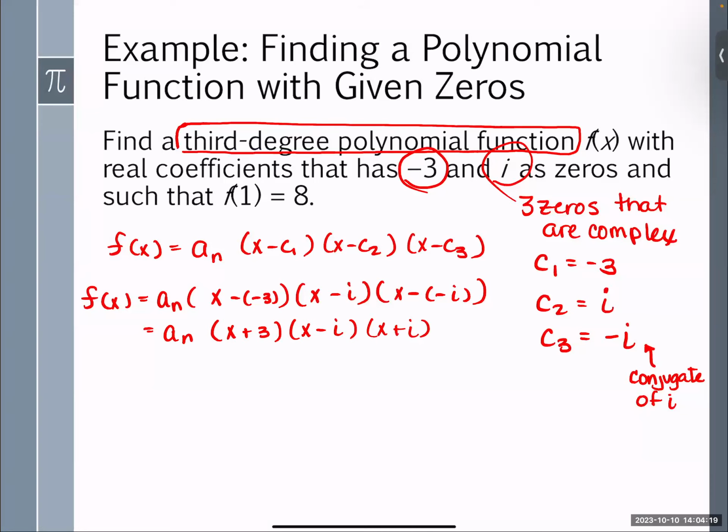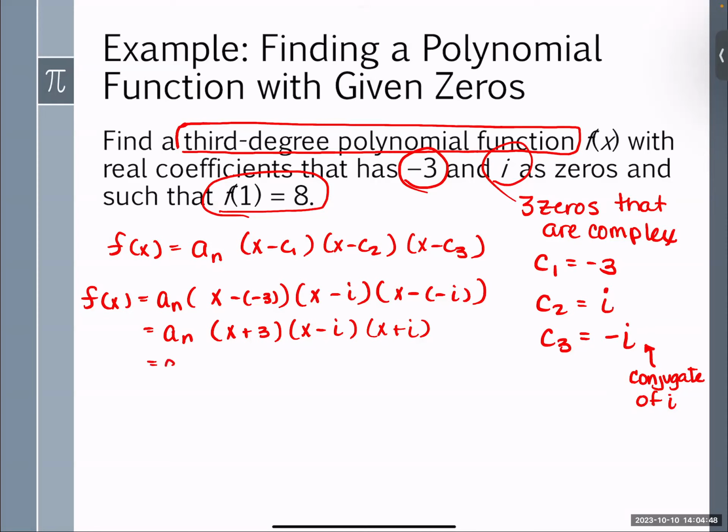And I'm going to go ahead and multiply this all out. I don't know what a sub n is, but I can figure it out from this right here. F of 1 is 8. I can plug in x equals 1 here in this equation, and f of x equals 8. And I can figure out what a sub n is, but I'm going to go ahead and multiply it out first, and then we'll do that.